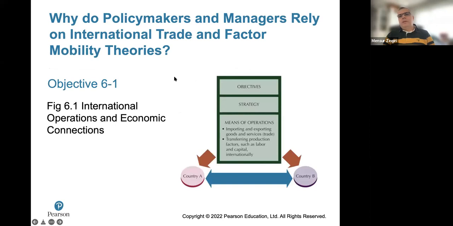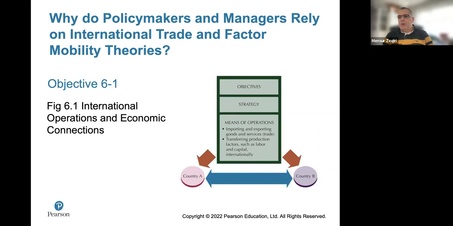So we know that countries are linked through trade and factor mobility: movement of people, movement of capital, as well as technology. Not only are trade and factor mobility extremely important in growing portions of the global economy, these theories to explain them do help governments, as well as companies, to wrestle with the decisions of what, how much, and with whom they will need to trade.